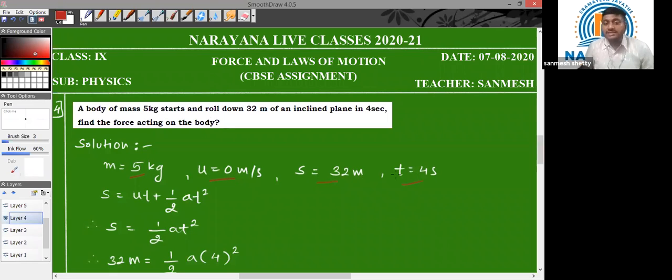So we need to find acceleration first. To find the force, we need acceleration. We already have mass. So from where will we find the acceleration? We'll find the acceleration from the second kinematical equation, which is s = ut + half at square. Here this first term will become 0 as u is 0. So s = half at square.